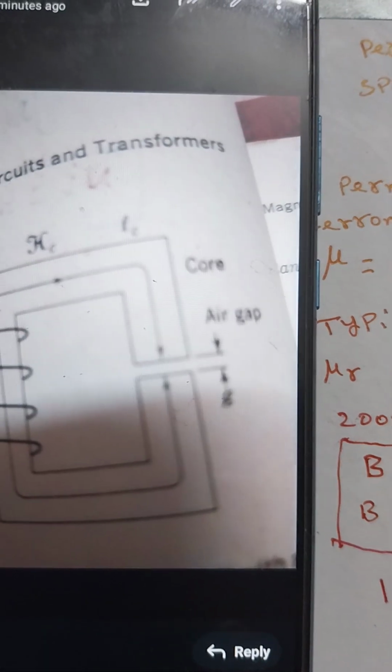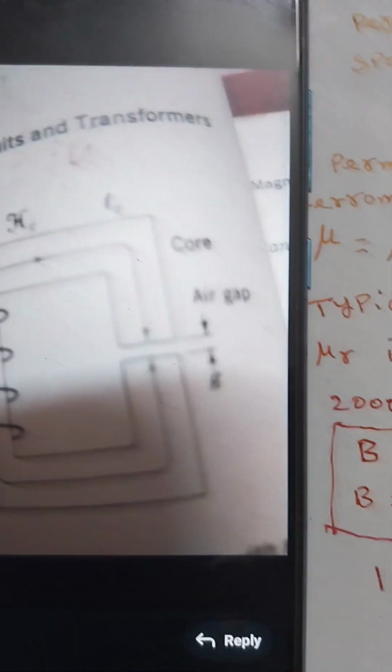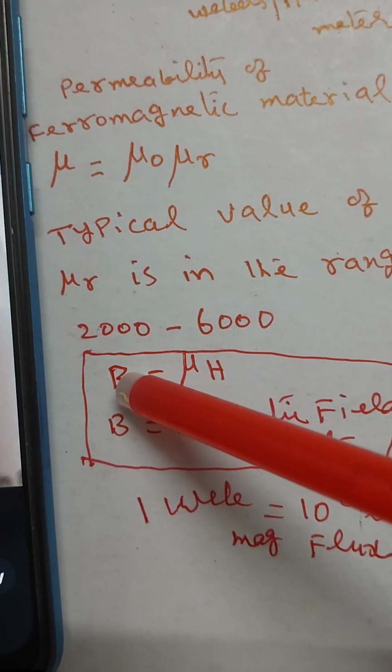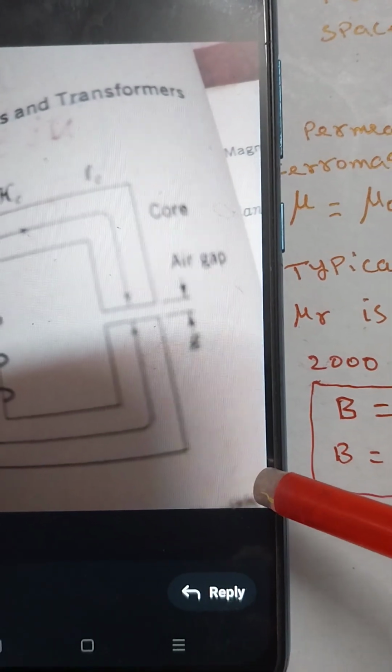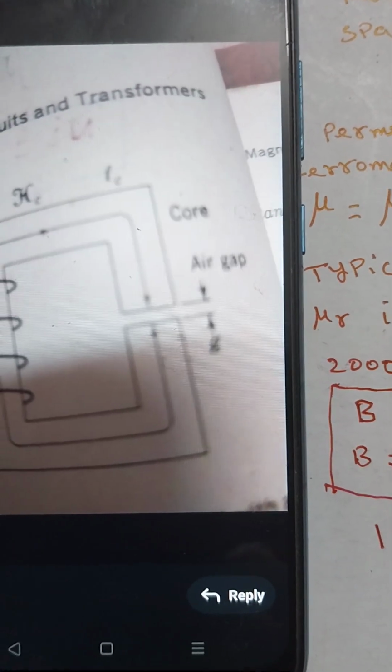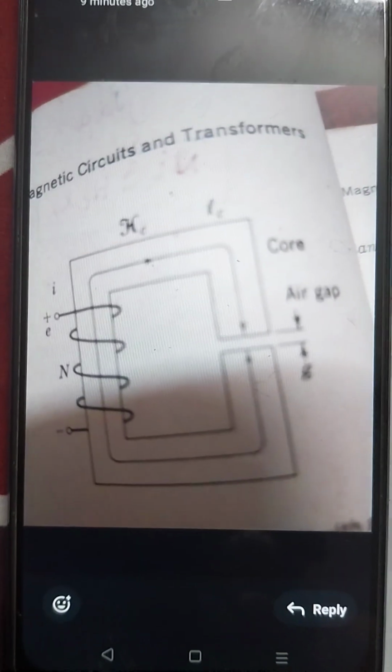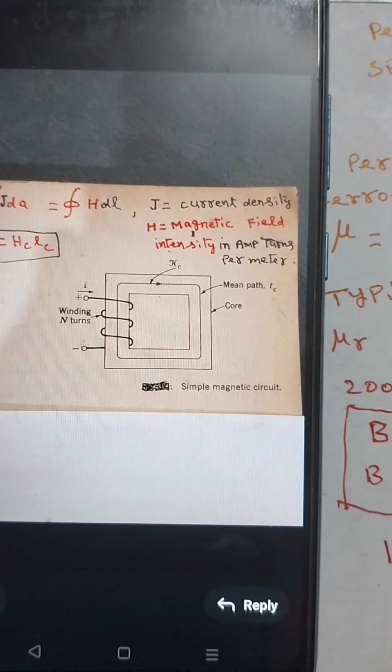However, the flux density B produced by H is negligibly small everywhere except in the iron core.